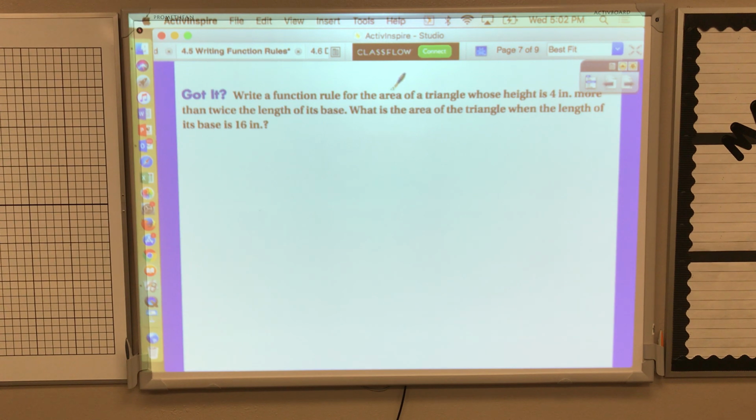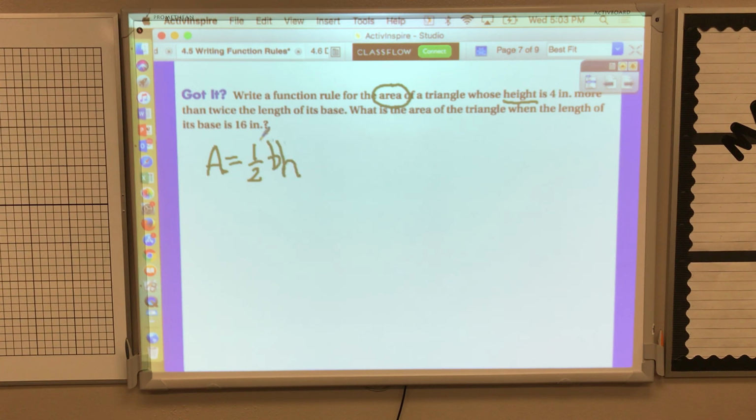Write a function rule for the area of a triangle whose height is 4 more than twice the length of its base. So for this problem, we first need to think about how you find area of a triangle. Okay, and the formula for area of a triangle is area equals 1/2 the base times the height.